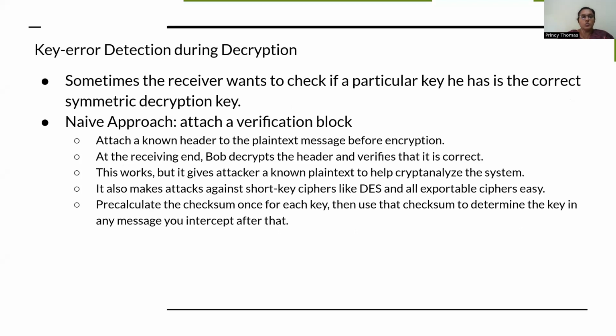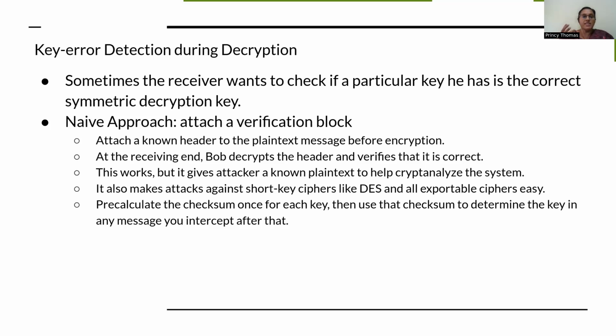This method works, but the problem is that now attackers know the plain text and the actual ciphertext, because the header is attached and sent as part of the ciphertext anyway. So it will help with cryptanalysis of this particular system.